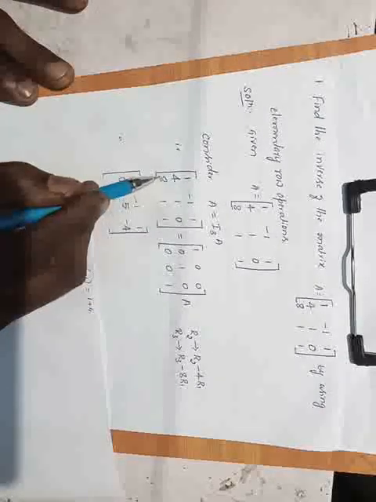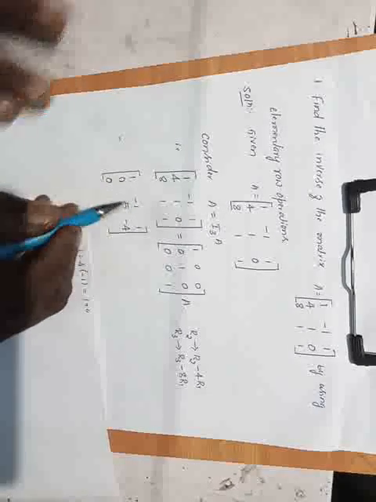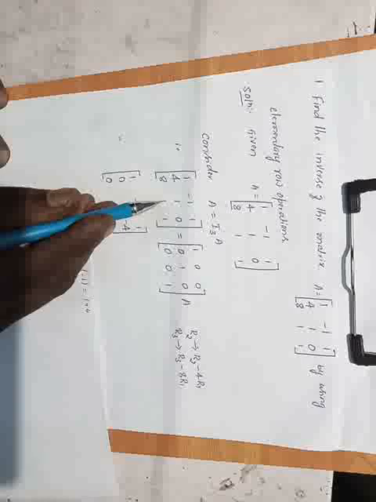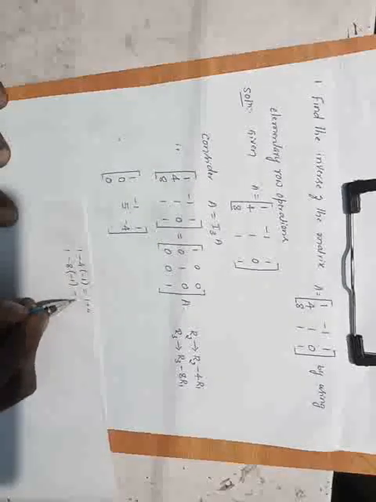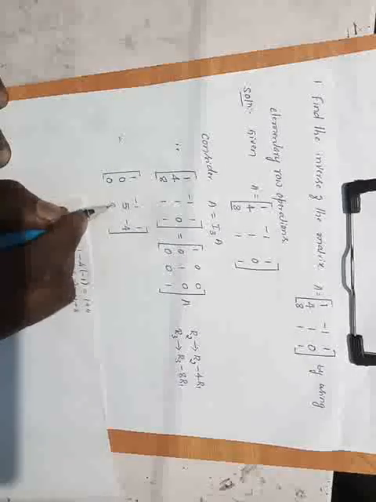Now the R3 operation: R3 minus 8 times R1. Anyhow this element is 0. Next, R3 means 1 minus 8 times this element, minus 1, so I get 1 minus into minus plus, 1 plus 8 into 1 is 8, so the answer is 9 here.